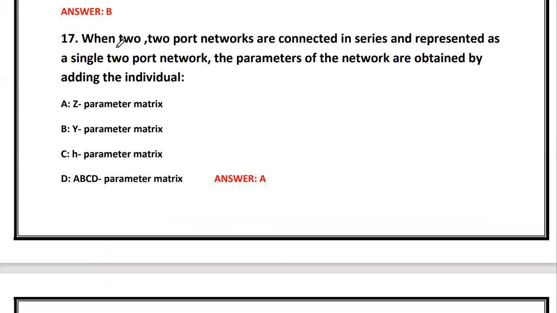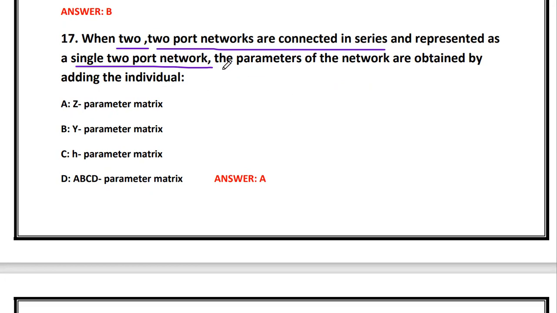Then the next question: when two-port networks are connected in series and represented as a single two-port network, the parameters of the network are obtained by adding the individual dash. Okay. So already we discussed this question in the parameters topics.